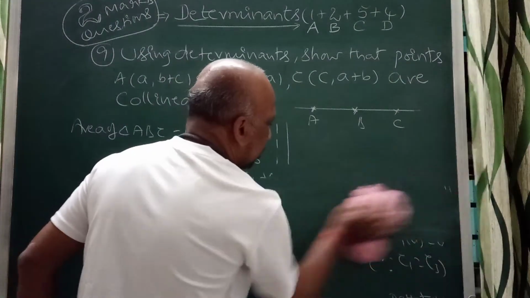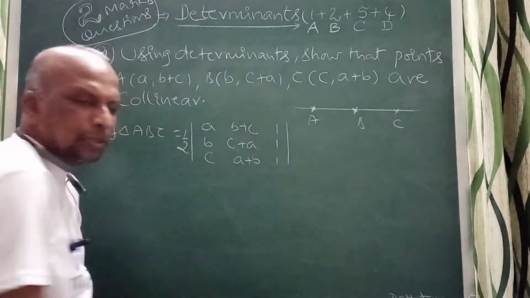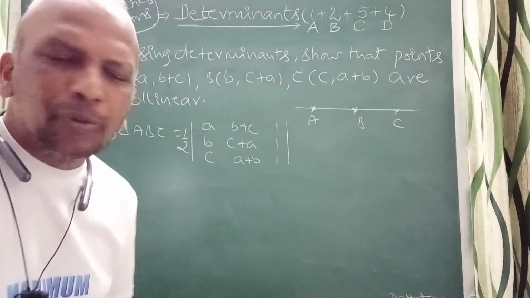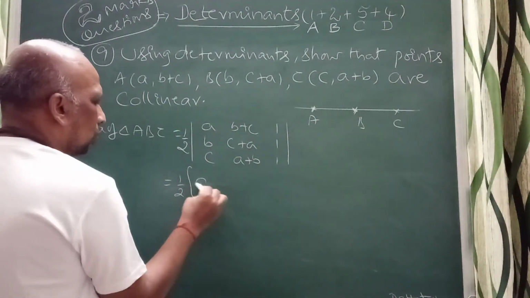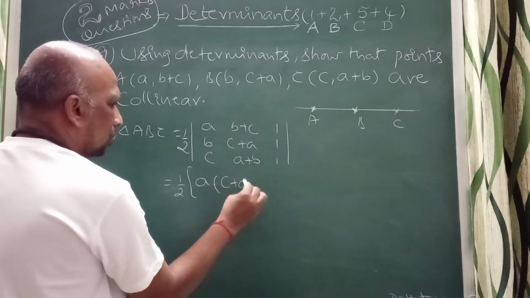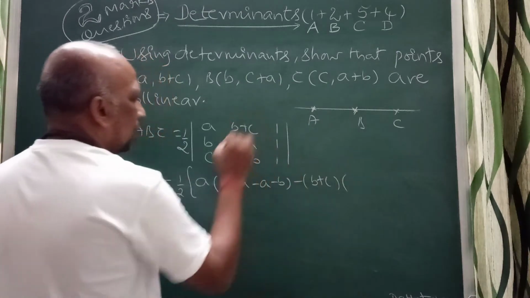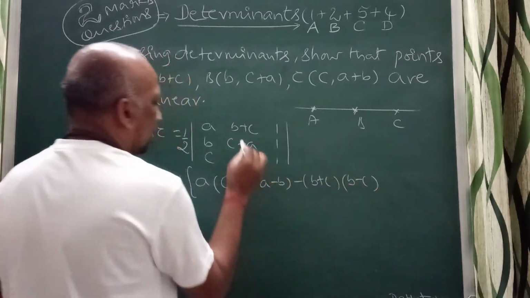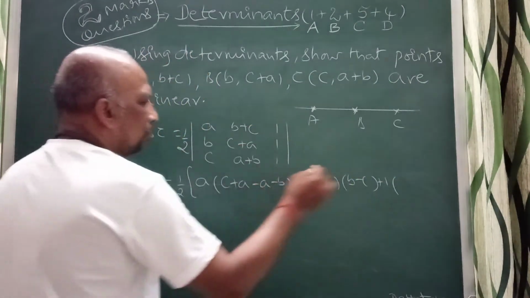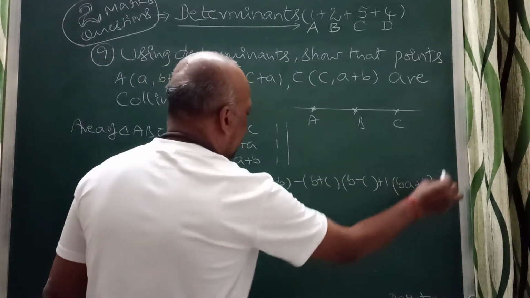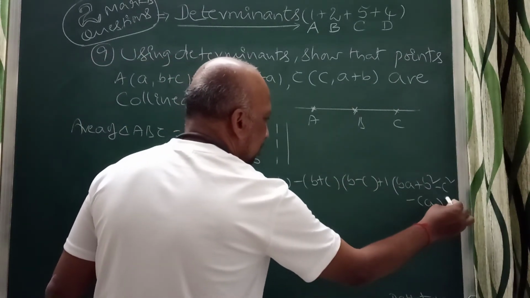You can see that the same problem I can do directly, without using properties. I can expand this, right? 1 by 2, so A into C plus A minus B minus of B plus C into B minus C, plus 1 into B, will get BA plus B square minus C square, will get minus CA, like this.